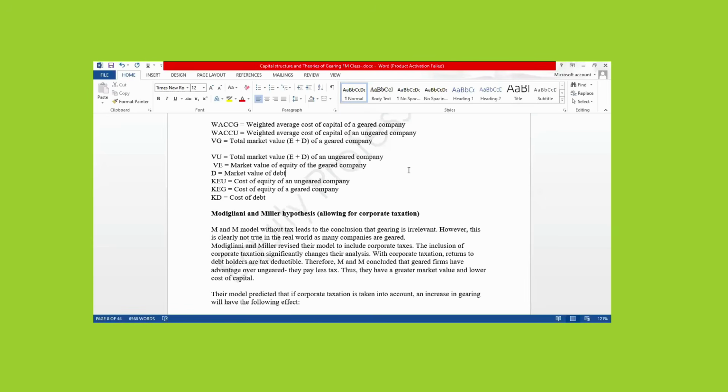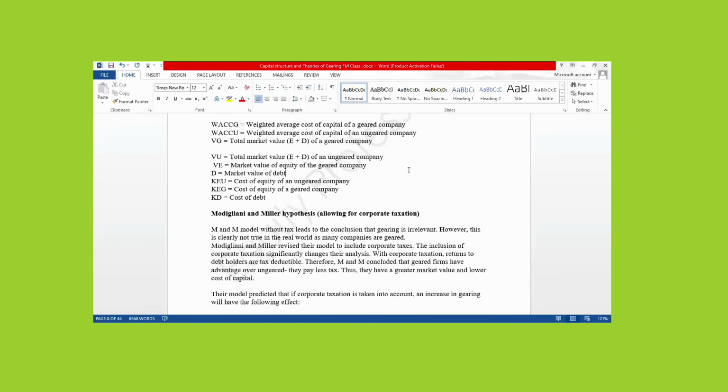Interest on debt capital is a allowable expense. With corporate tax, the interest on debt capital will enjoy tax relief.